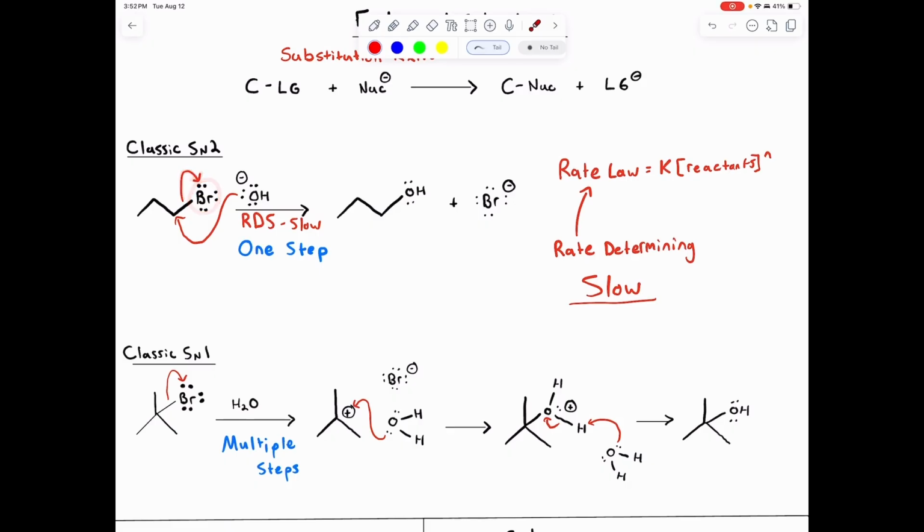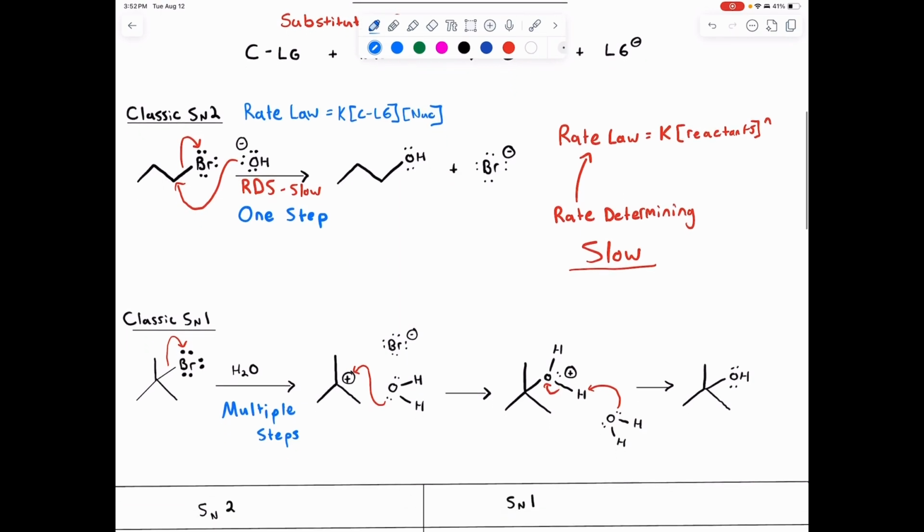The answer is yes as well. So if we are determining the rate law for SN2, the rate law is going to include both the carbon with the leaving group and the nucleophile because both participate in the rate determining step.